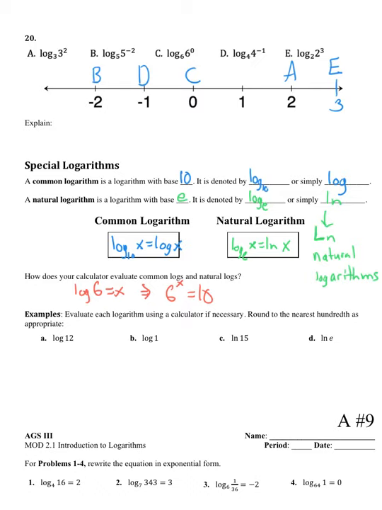That's how your calculator works to evaluate these logarithms. The last 4 examples here, just practice putting them in your calculator and round to the nearest hundredth. Nearest hundredth would be 2 decimal places.